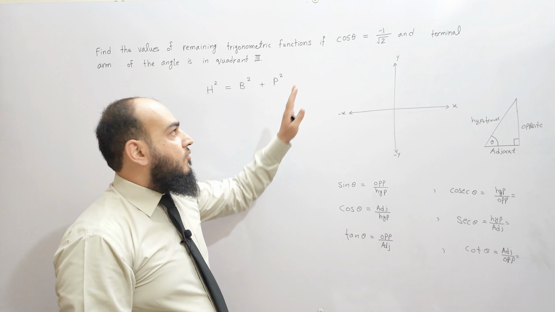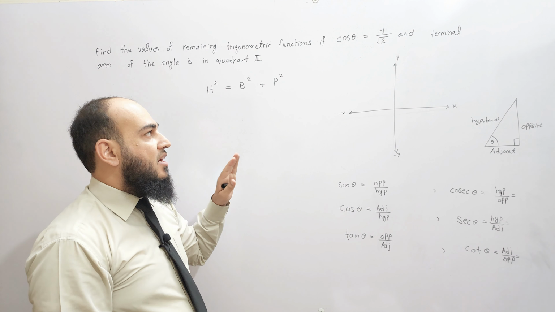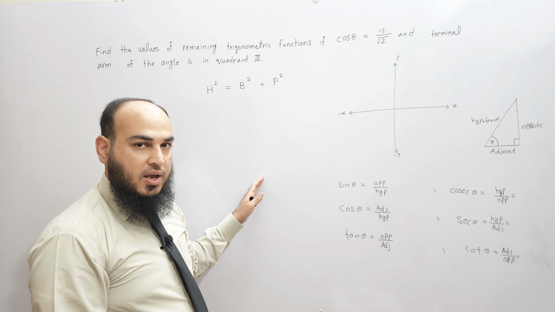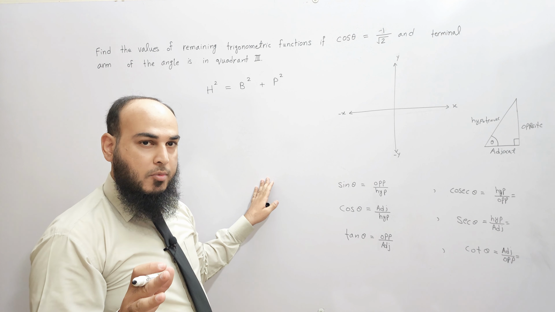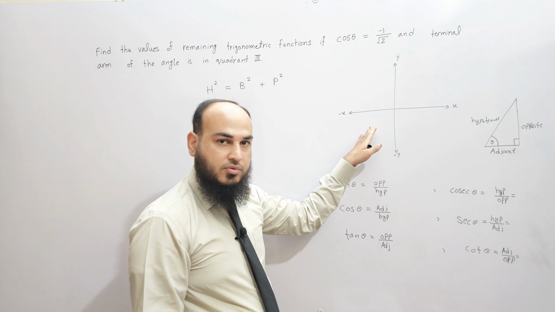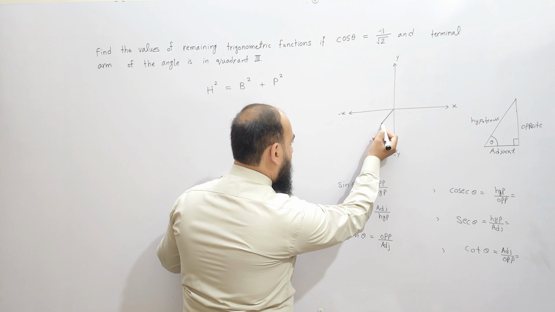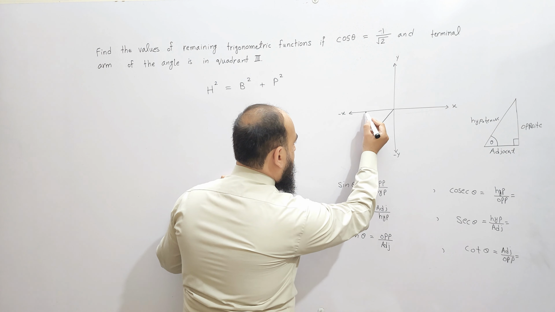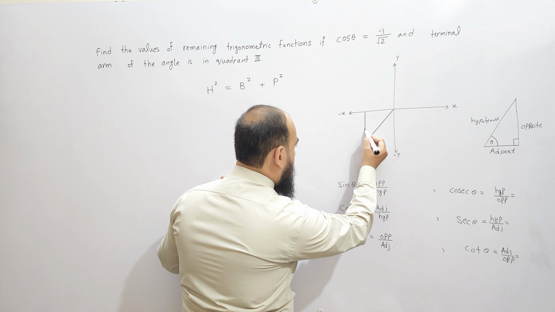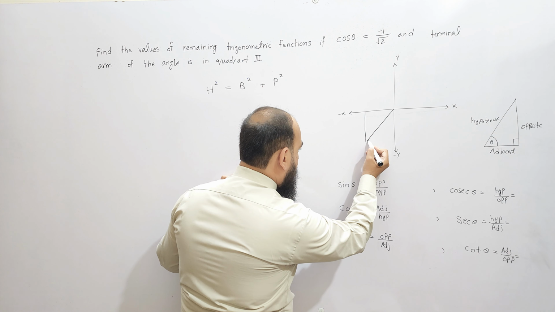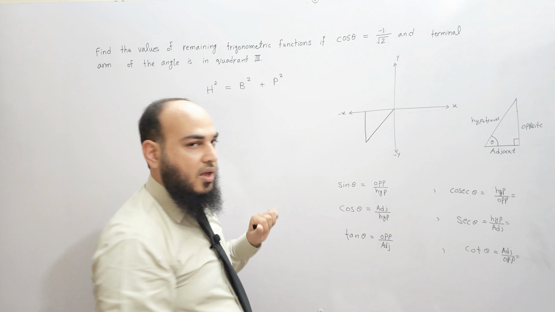Okay, now the value of cos theta is given -1 over square root of 2 and the terminal arm of the angle is in quadrant number 3. Let's draw the terminal arm. The terminal arm is here in quadrant number 3. Now draw the perpendicular like this. Now this is a right angle triangle.